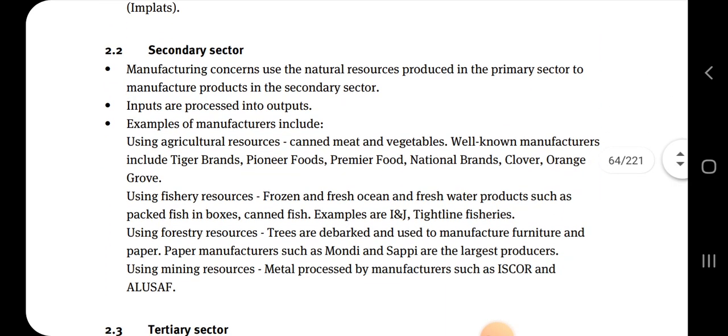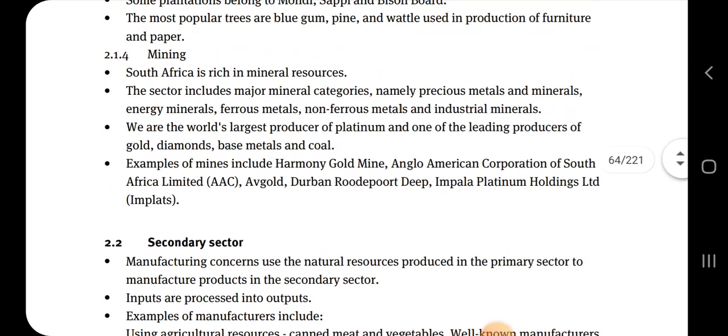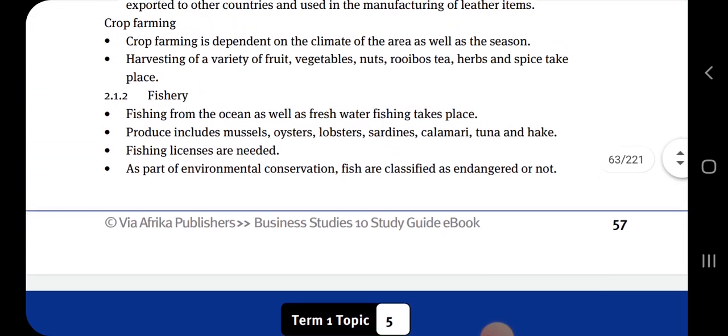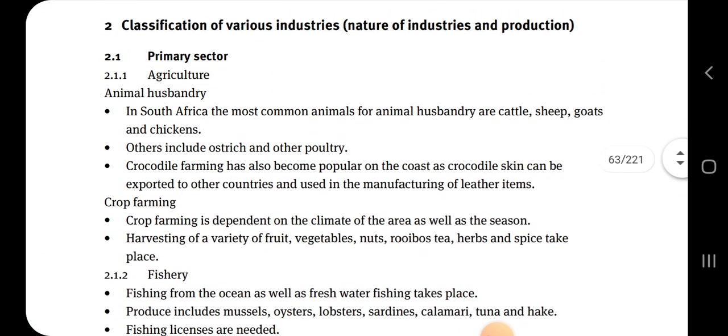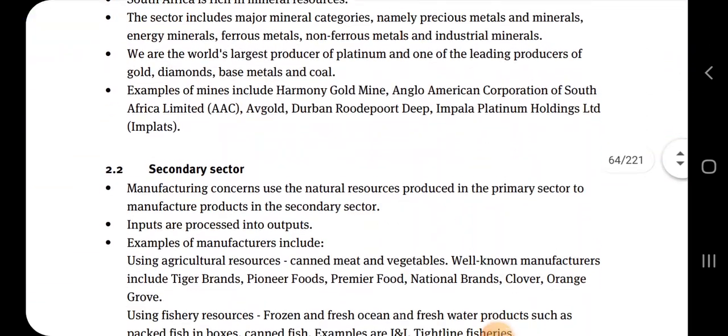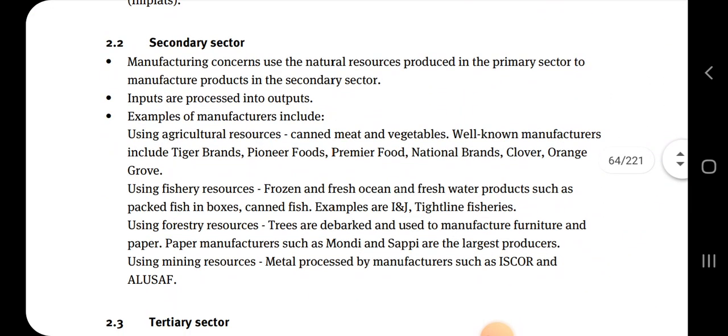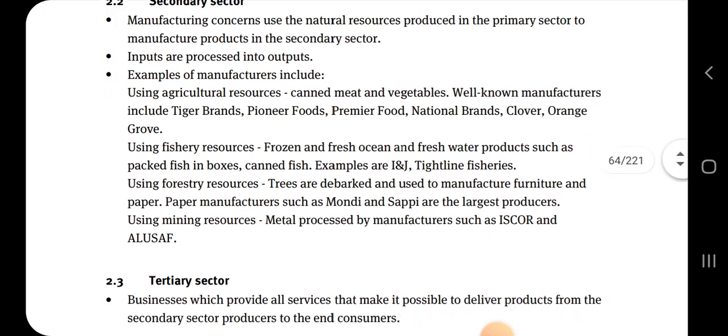And then in the secondary sector, we have manufacturing concerns that use the natural resources produced in the primary sector to manufacture a product. So whatever has been brought from mining, fishery, forestry, crop farming, and agriculture is taken to the secondary sector and transformed to be sold in the tertiary sector, okay. So inputs are processed into outputs, it is still the same thing.